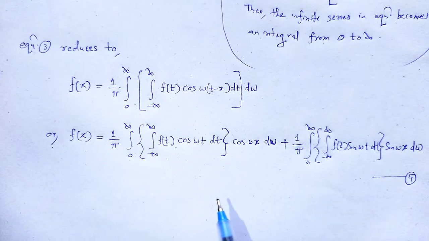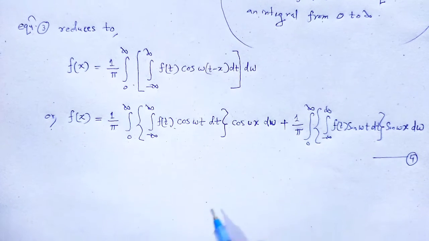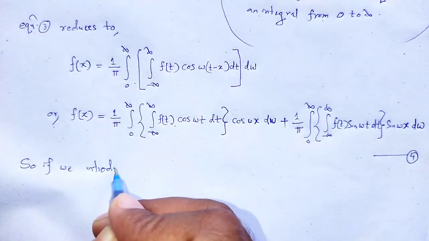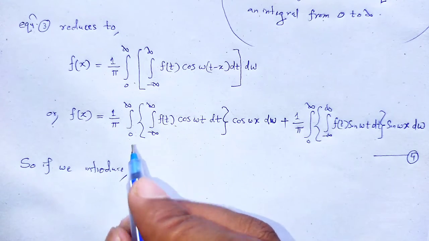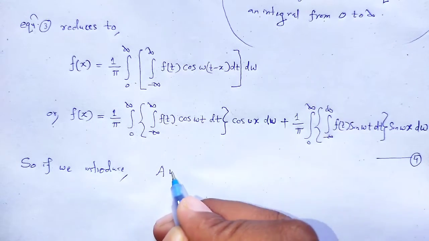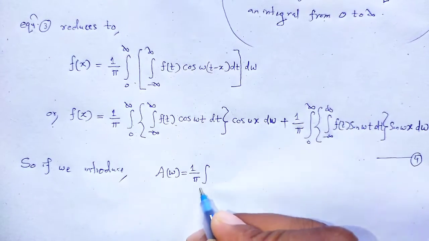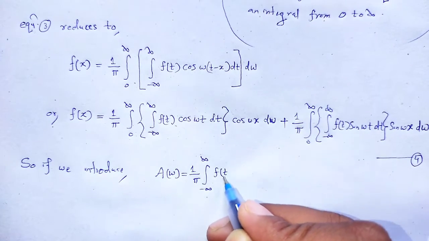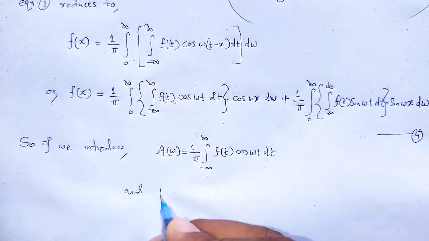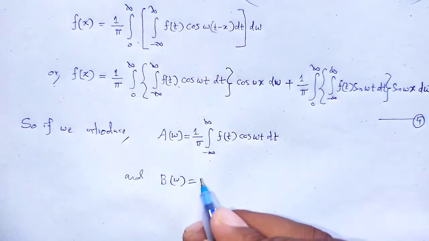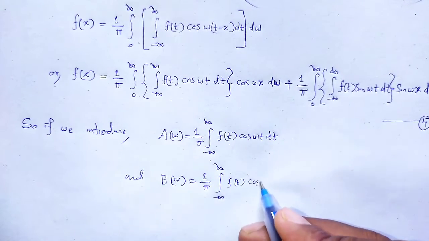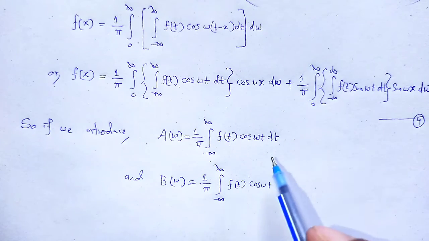Let us introduce the coefficients. If we introduce the integral 1 by pi minus infinity to plus infinity f of t cos omega t dt as a omega, a omega is equal to 1 by pi minus infinity to plus infinity f of t cos omega t dt, and b omega as the integral 1 by pi minus infinity to plus infinity f of t sin omega t dt. These two substitutions are introduced.